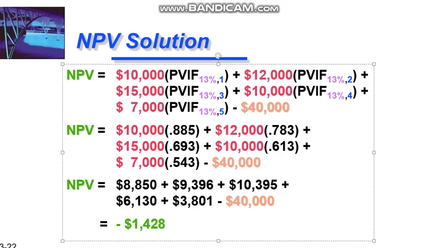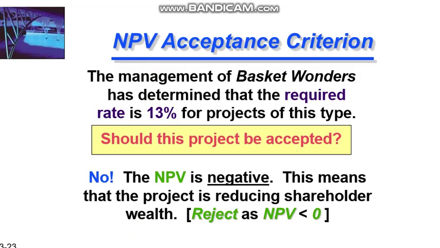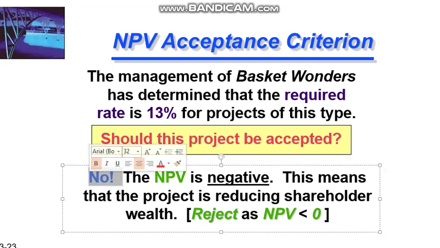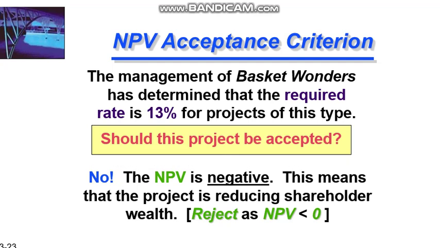The acceptance criteria for the NPV is very simple: if it is negative, below 0, we are not going to accept the project. In that case we got a negative NPV, not even 0, right? So at 13%, the management of VW has determined that the required rate for projects of this type is 13%, and we say no to this because the NPV is negative. So we will reject this on the basis of NPV.